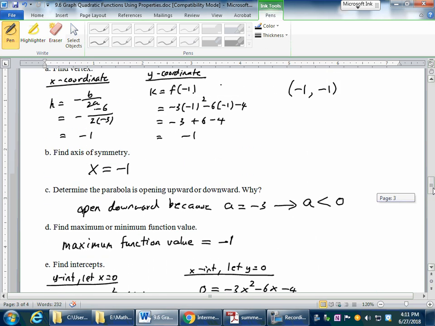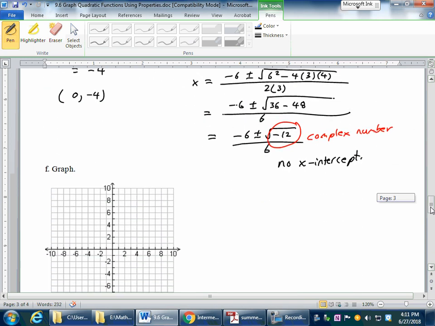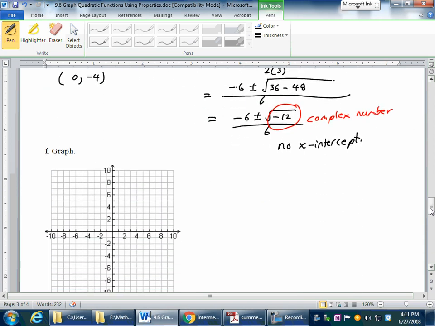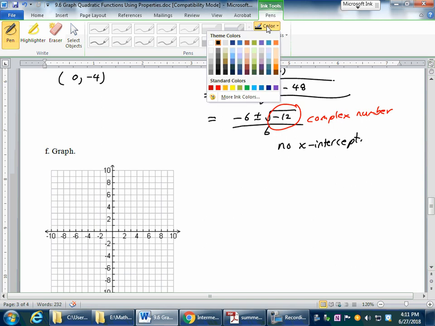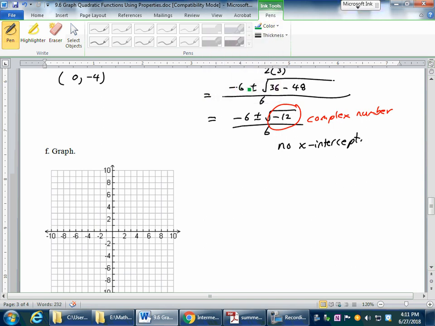So now I only have a few points, right? So my vertex is (-1, -1). So let's keep on remembering that. And then my y-intercept is (0, -4). So let's graph this. My vertex is (-1, -1), which is going to be right here. My y-intercept is (0, -4), which is right here.